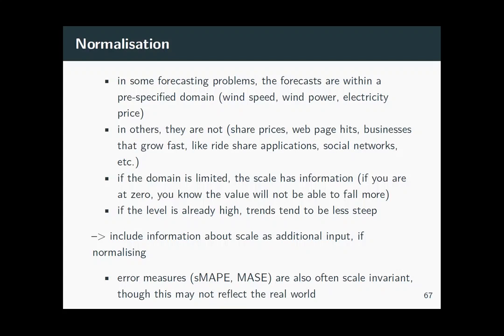And for a company like Facebook that has 2 billion users, to double that is a lot more expensive, a lot more difficult. So steep trends will slow if your values go high. So you can include information about the scale as an input.